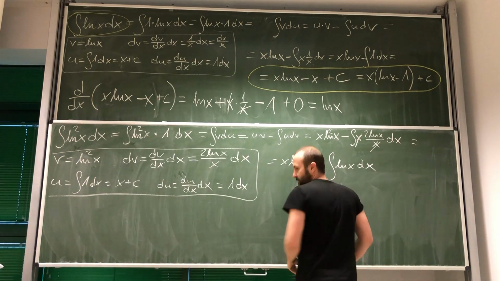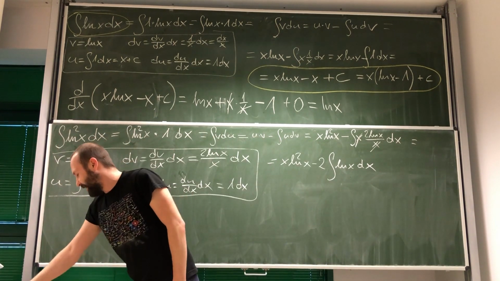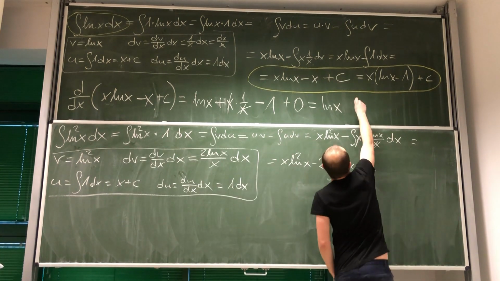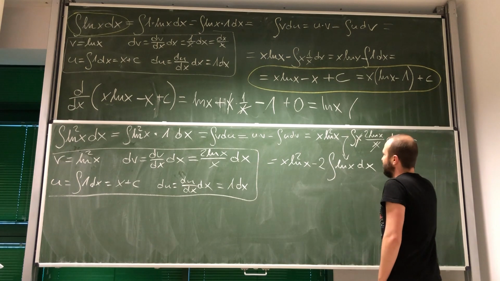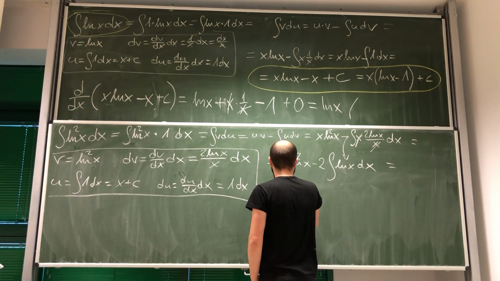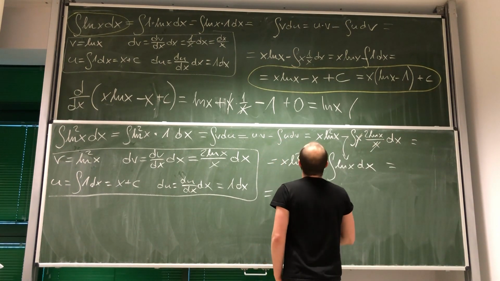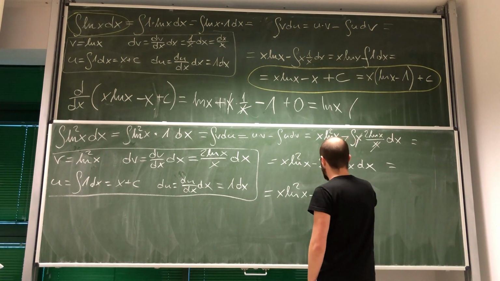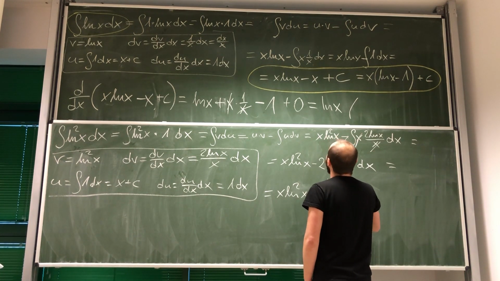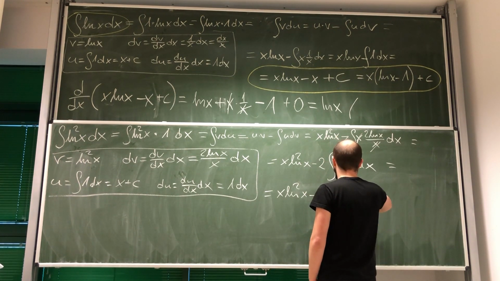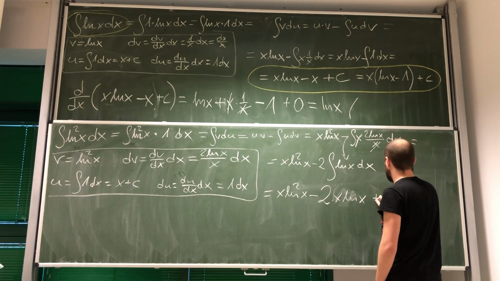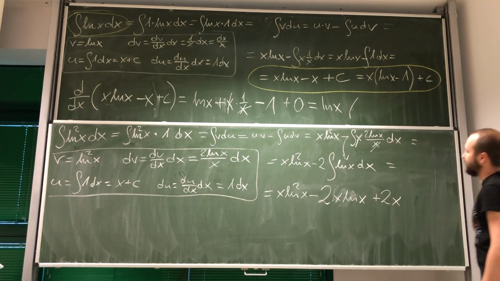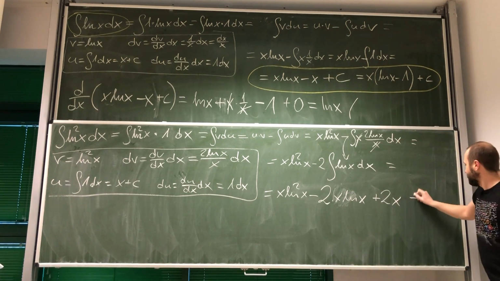So we are getting from this, by substituting this over here, that this is equal to x ln squared x minus 2x ln x plus 2x plus c.